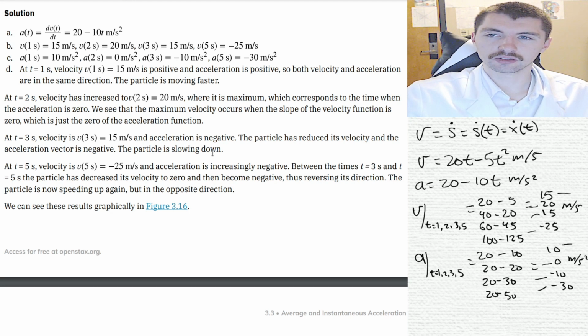Okay, so it's when the velocity crosses the x-axis. Or I'm sorry, the y-axis. No, x-axis. So if we draw it, it's going 15, 20, 15, negative 25. So it reverses direction here.